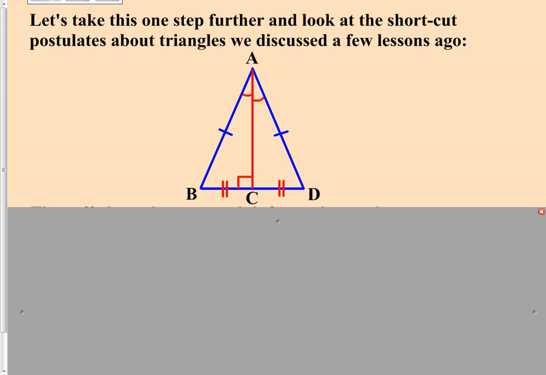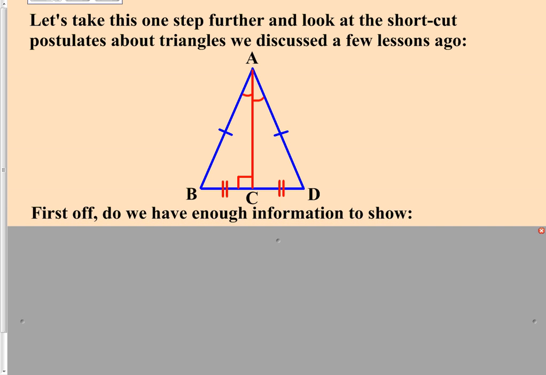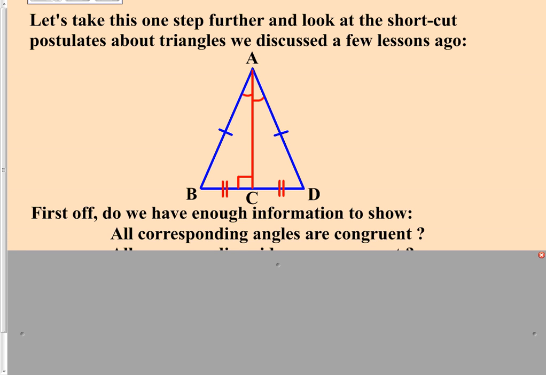Let's take this one step further and look at the shortcut postulates about triangles we discussed a few lessons ago. You don't necessarily need to copy this one down either, but definitely follow along. Using this triangle from the previous slide, let's see if we have enough information to show if all of our corresponding angles are congruent.